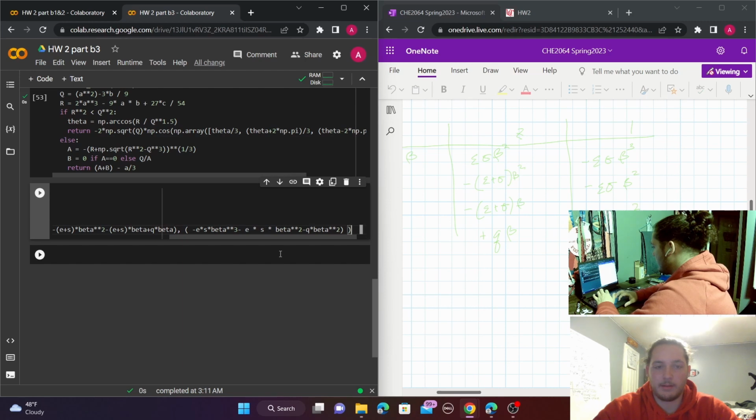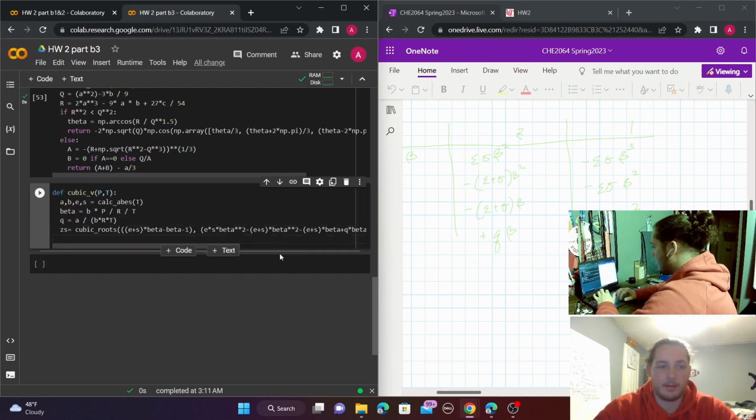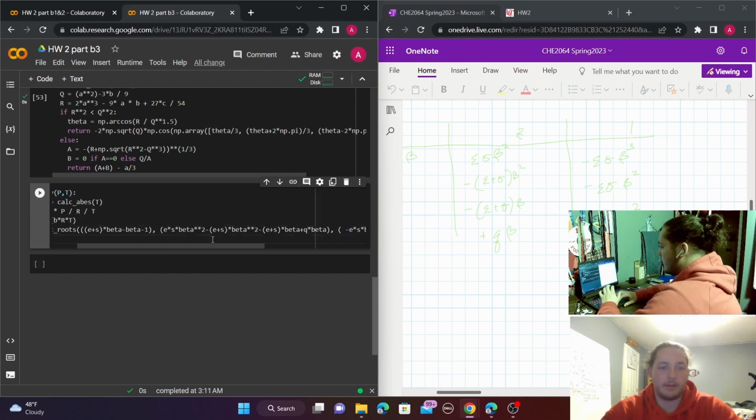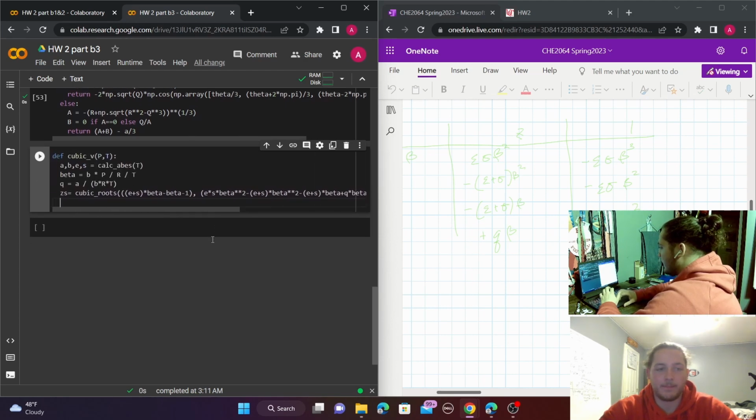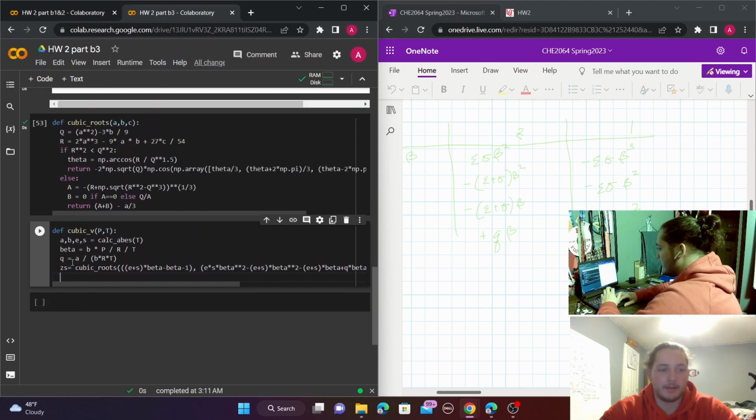Let me get out of these brackets. Okay, so now we have all of our cubic roots typed in to our z's cubic roots.